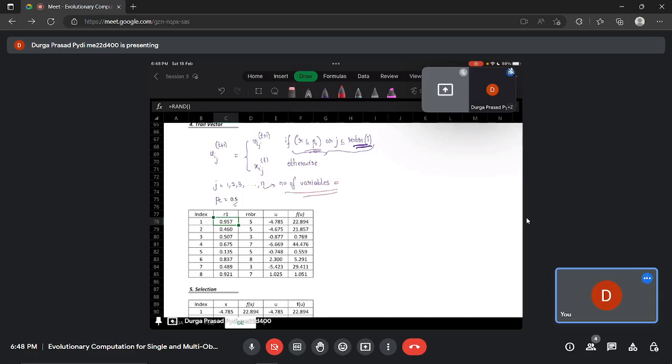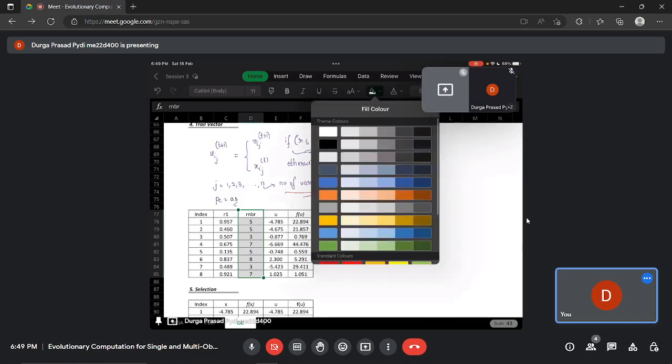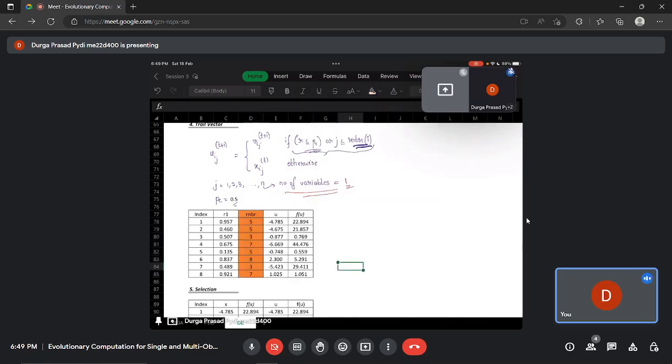In our particular case, it is only one variable, so we don't have to worry about this as of now. In a multi-dimensional problem, when you have more variables, then you have to treat this particular case. In this example, we exclude it. So this particular row is not important for this example because we have a one-dimensional problem.